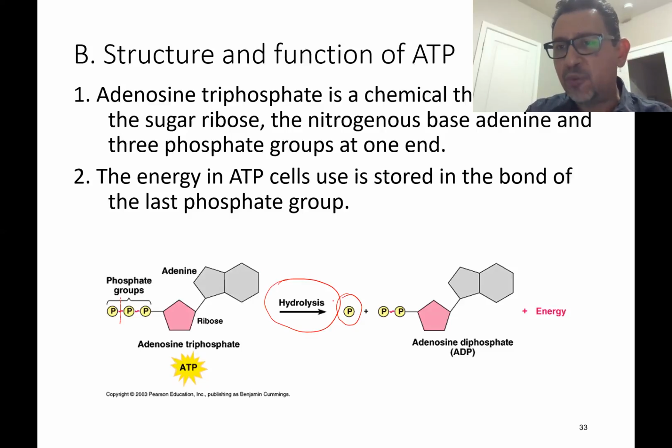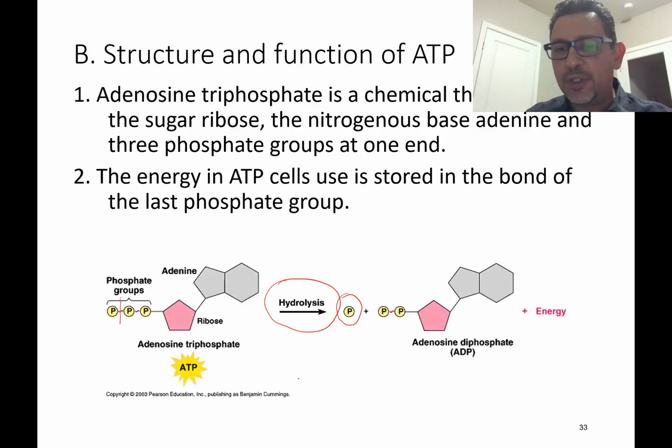And all we're left with is a molecule that has only 2 phosphates, adenosine, the sugar ribose, and adenine. This is now going to be known as adenosine diphosphate because there's only 2 phosphates left. And what happens during cellular respiration is that these parts are going to be put back together and returned back to ATP, but let me tell you about that in a moment.